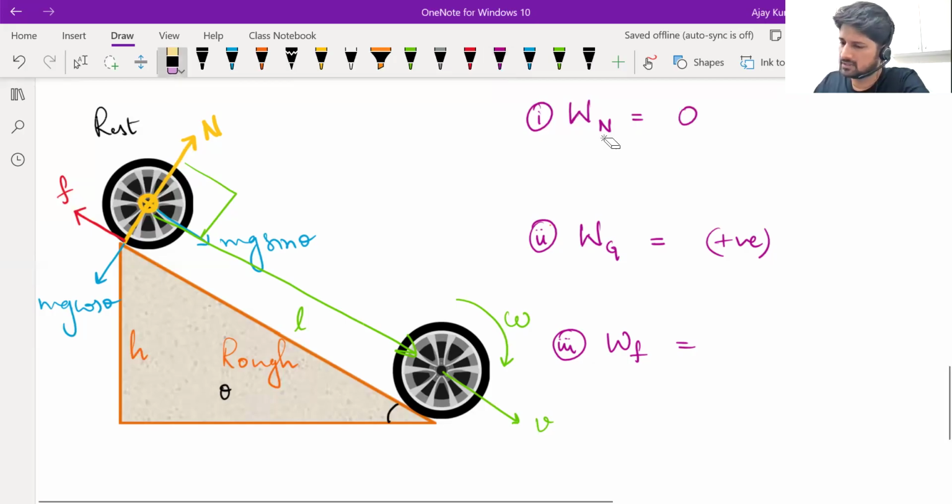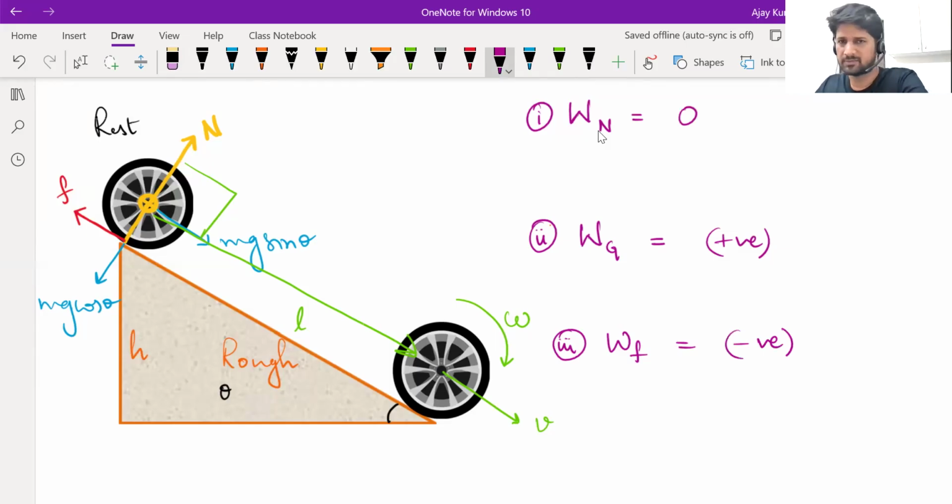Work done by friction, negative. Okay. Why? Because force is up the incline and displacement is down the incline. Okay. This is wrong. And the explanation that you gave for this is wrong. Okay, this is a very common mistake that students make.